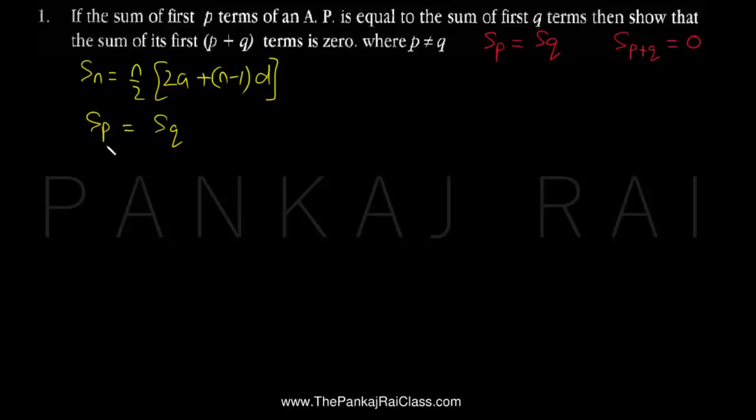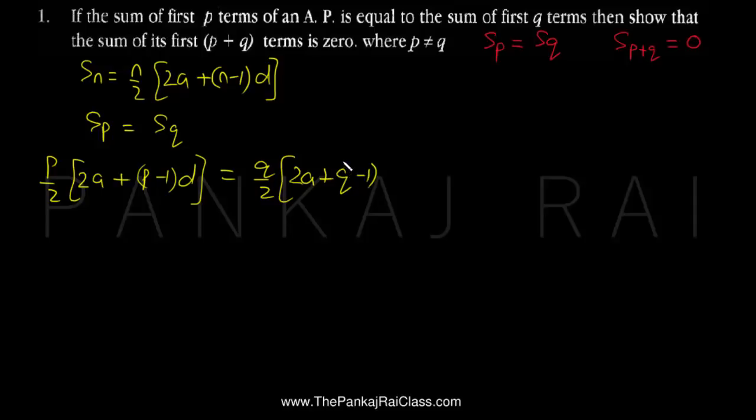Let us apply the formula for Sn over here. So SP would be p by 2 times (2a plus (p minus 1) times d), and SQ will be q by 2 times (2a plus (q minus 1) times d).